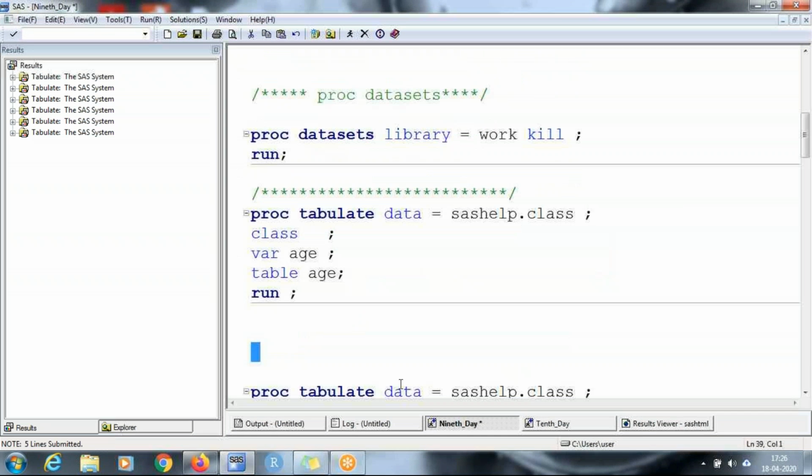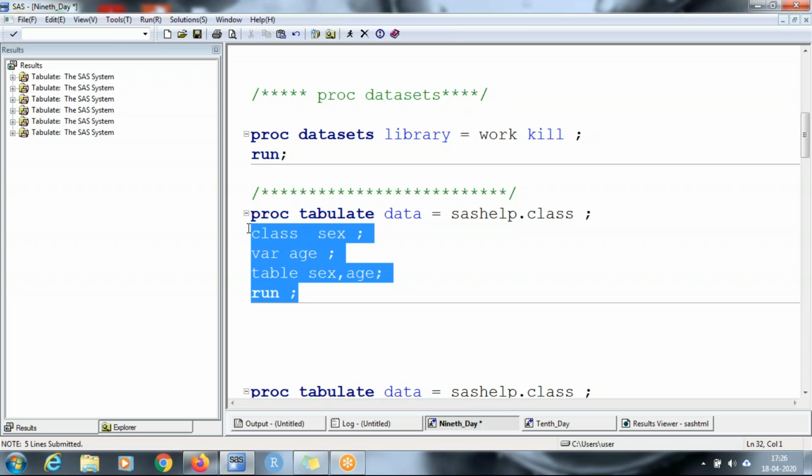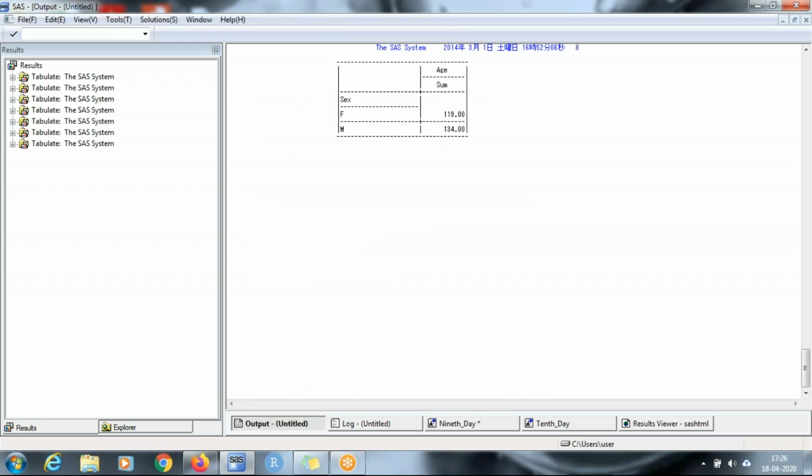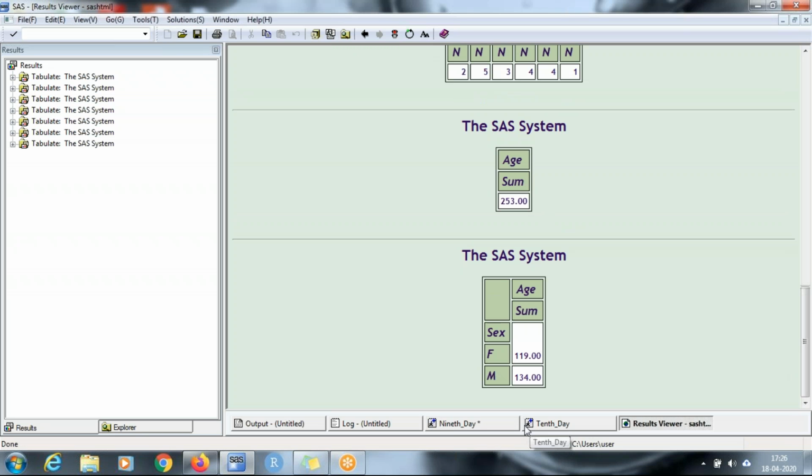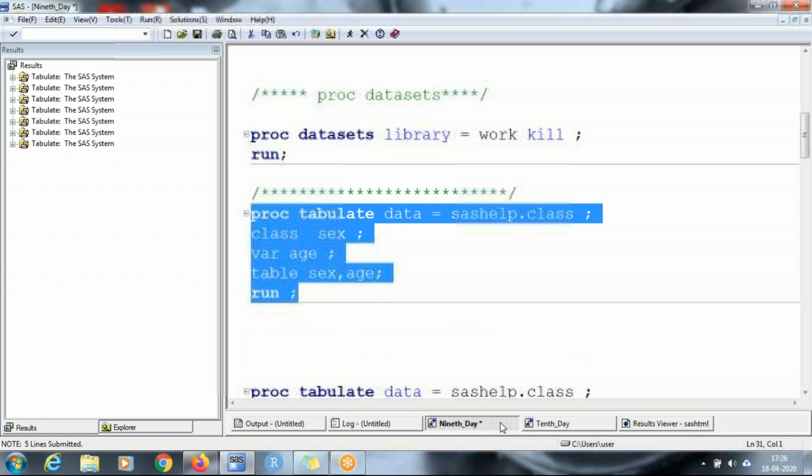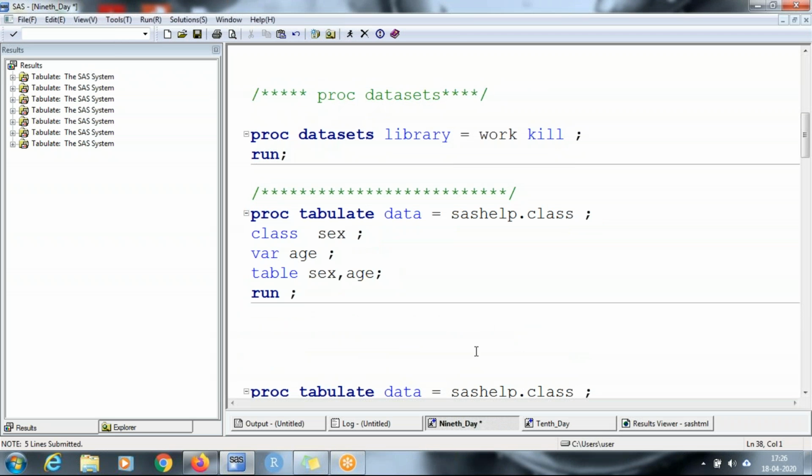Right, first. Second, if you want to see the sum column wise or, now how you want to create the structure of your table? You can manage it by writing your variable name in a column place or at the row place.